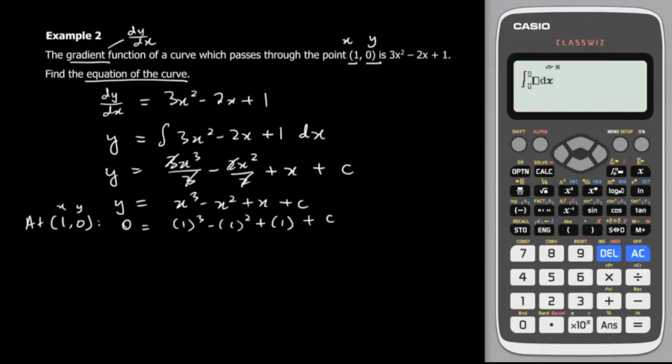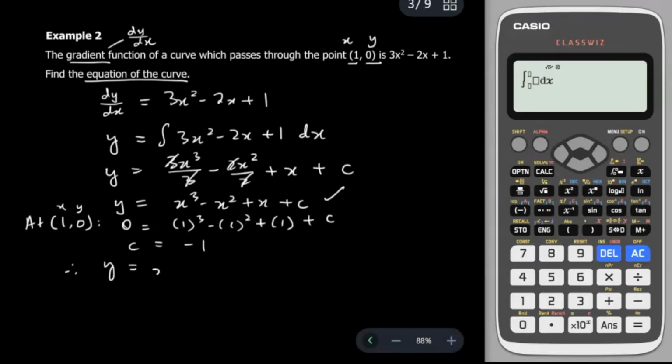Okay, so therefore our c is equals to negative 1. And then we substitute into the previous equation, which is this one. Okay, so therefore our equation of the curve will be y equals to x cubed minus x squared plus x minus 1. And this is the answer.